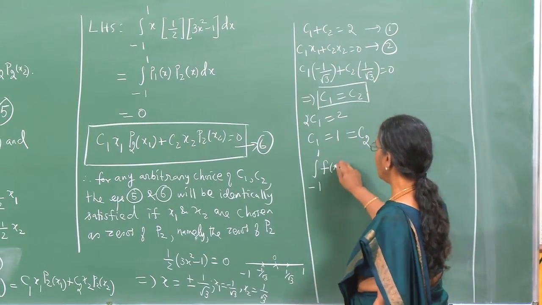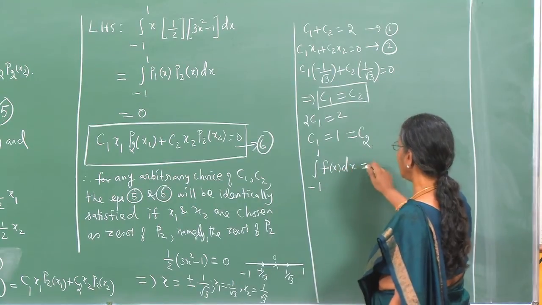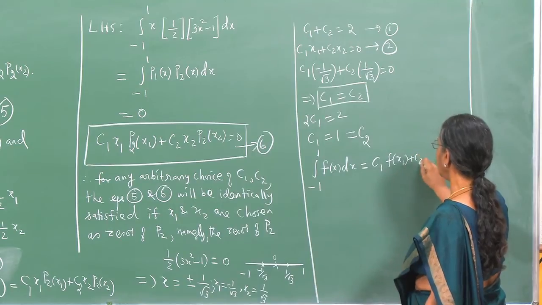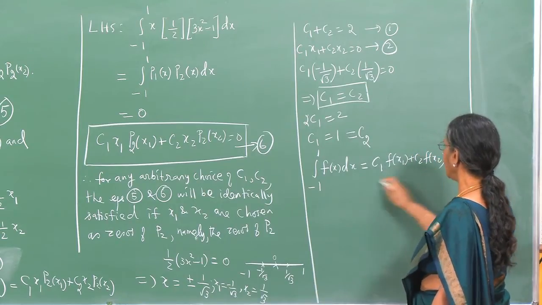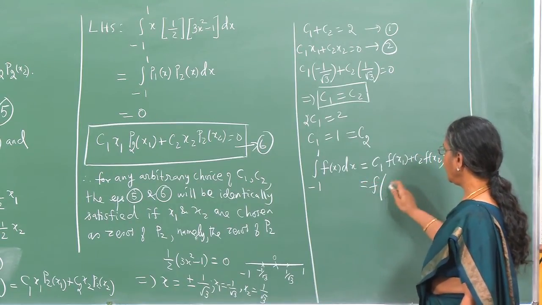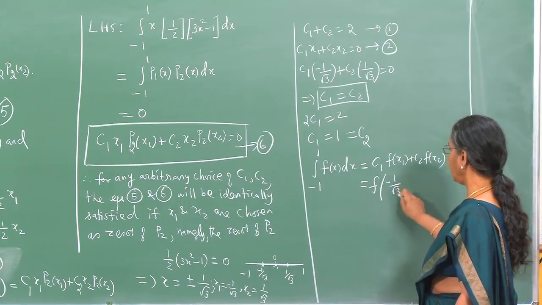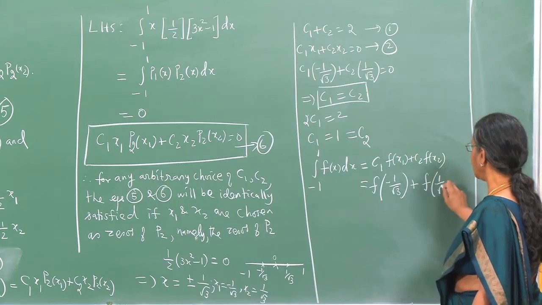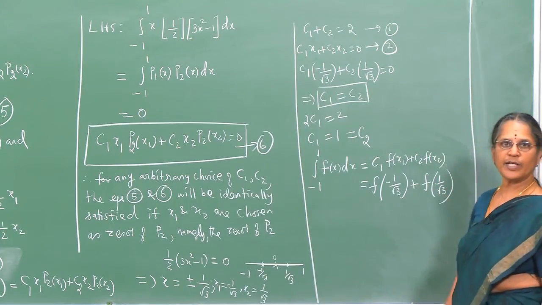Therefore, we have the integration method given by integral minus 1 to 1 f of x dx is equal to C1 f of x1 plus C2 f of x2. C1 is 1, x1 is minus 1 by root 3, C2 is 1 and x2 is plus 1 by root 3.